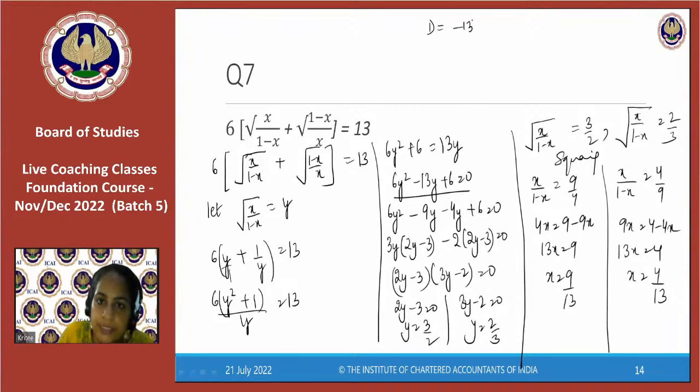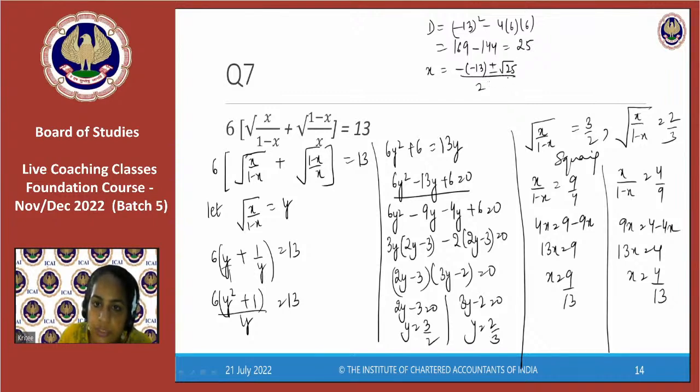So minus 13 whole square, b square minus 4ac: 169 minus 6 6s are 36, 4 are 144, 25. You get the value of D. So your y is equal to minus b plus or minus root D by 2a.